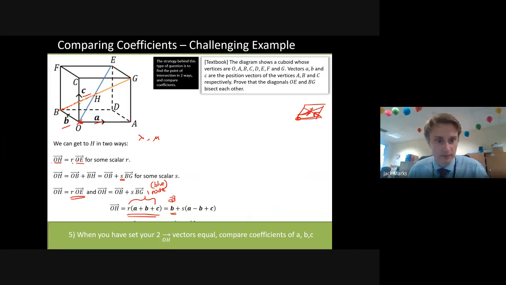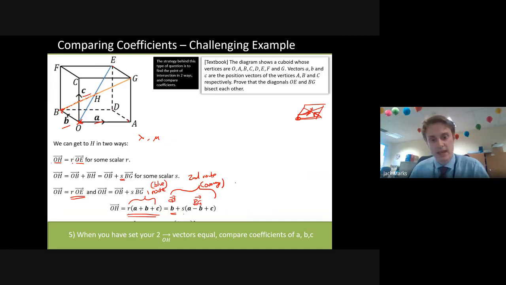The orange line is minus B plus A plus C. You can do it another way, but you should end up with this. And it's some fraction of that. That was BG. So some fraction of BG. So all of that together on the right-hand side, this is sort of the second route. Let's call this the orange line route. It used that, and then it used the orange line.